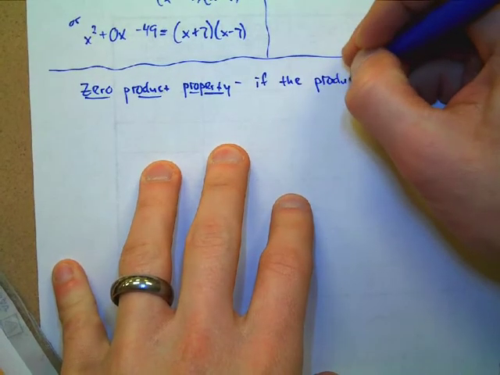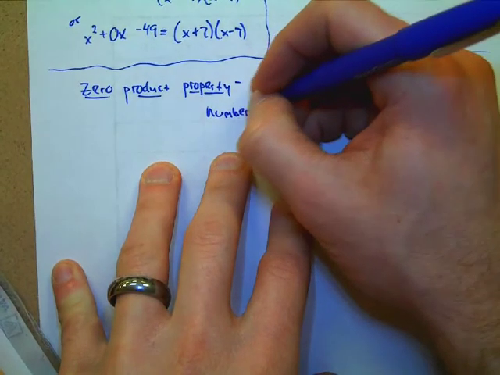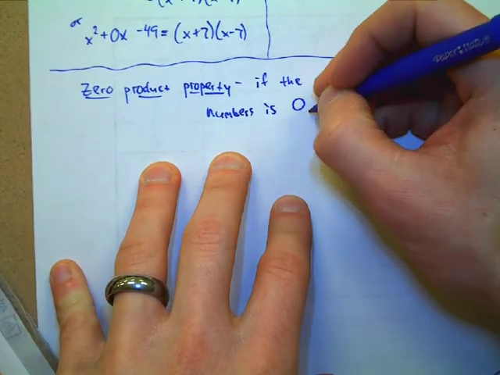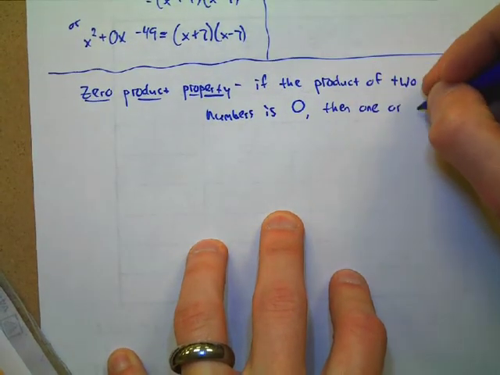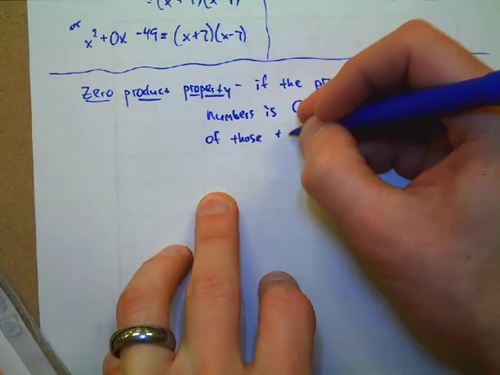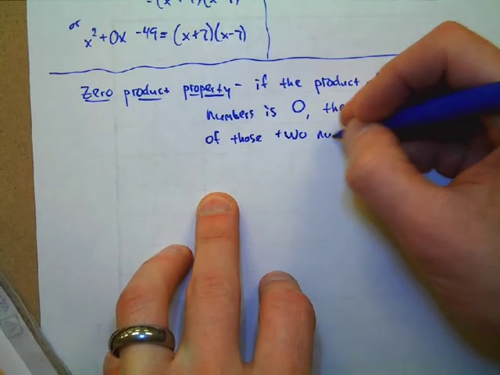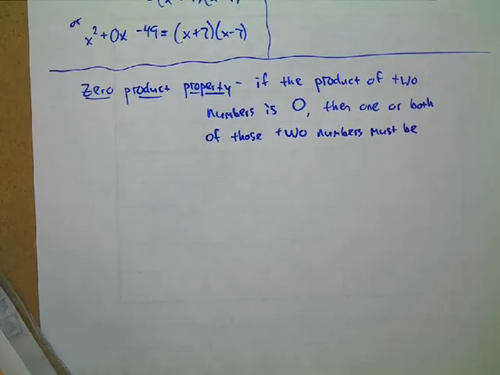If the product of two numbers is 0, then one or both of those two numbers must be 0.